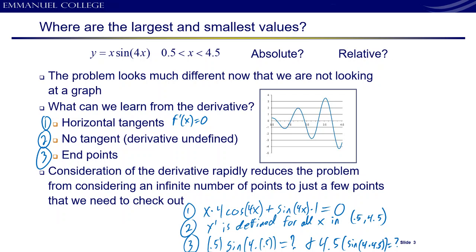Yeah, because you would subtract over sine and then divide out cosine. So you get negative sine of 4x over cosine of 4x, which would be negative tangent of 4x. So it turns into where does 4x equal negative tangent of 4x, which I'm not going to make you do right now. So let's just go on to the next slide.